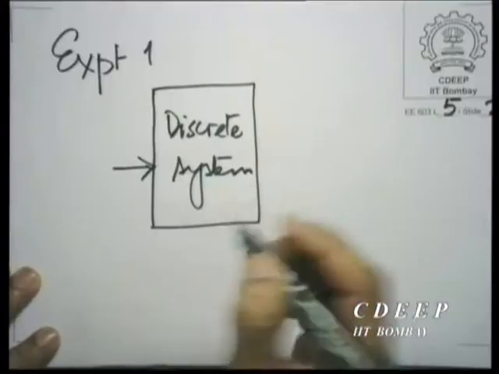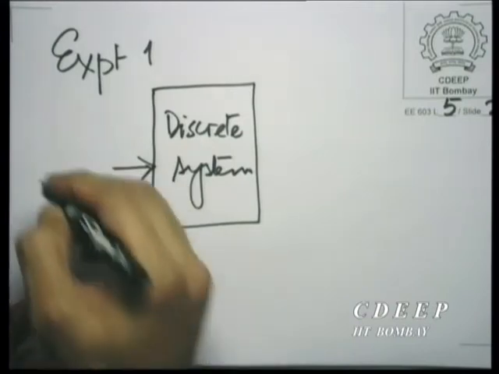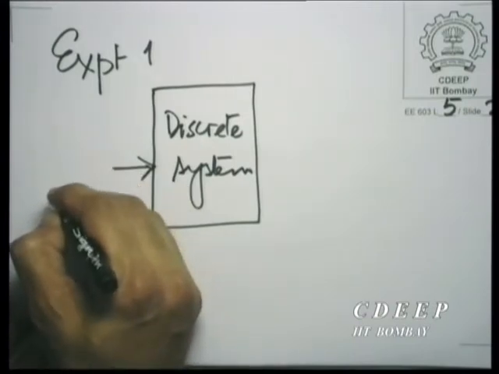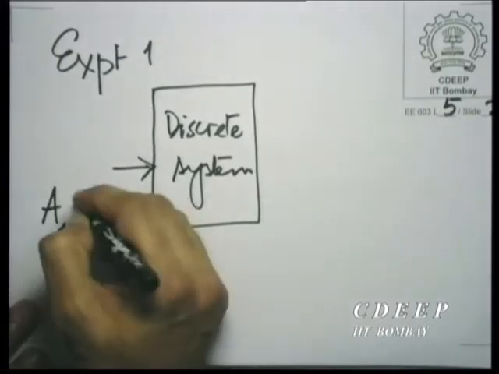we have a discrete system. We give it a complex exponential or a phasor, which we can denote, just for variety of notation, using the following notation today.